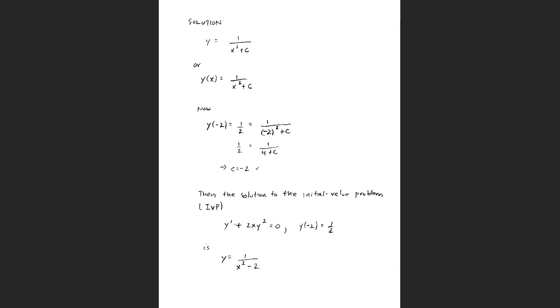So what we do is we plug -2 in for x. And we'll get 1/2 equals 1 over 4 plus c. And so c will equal -2.